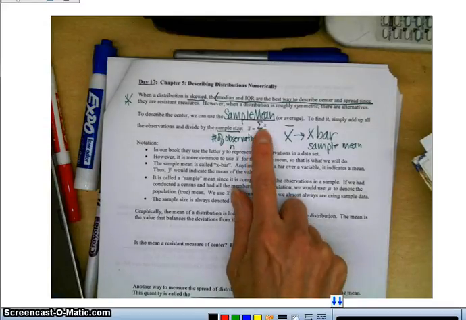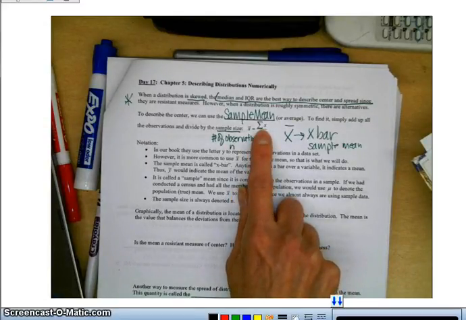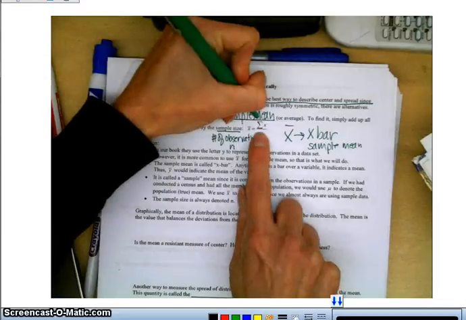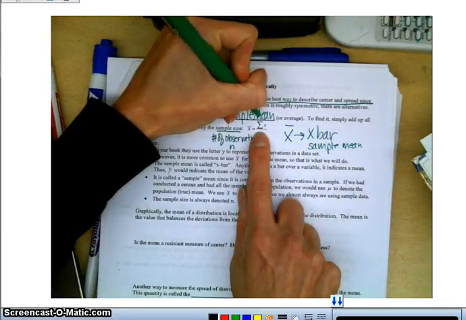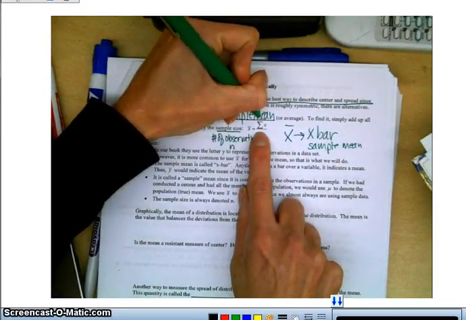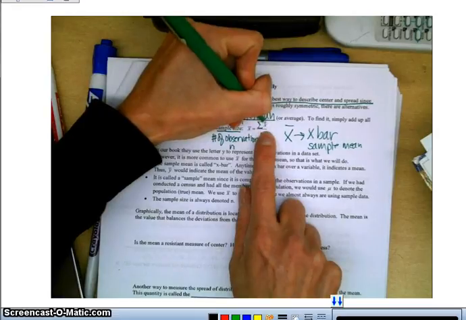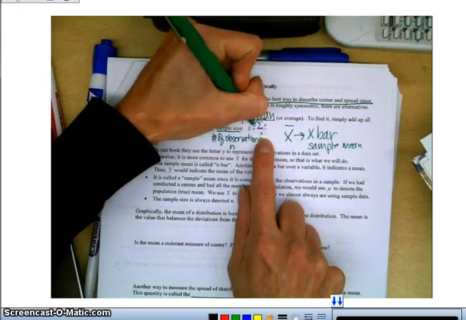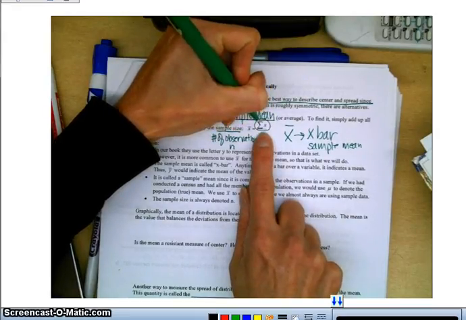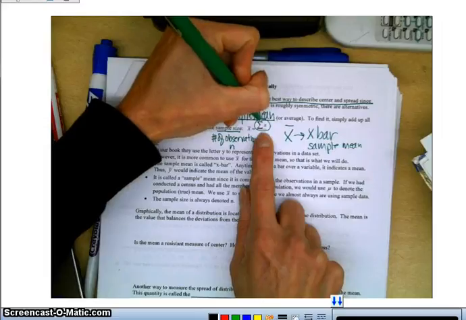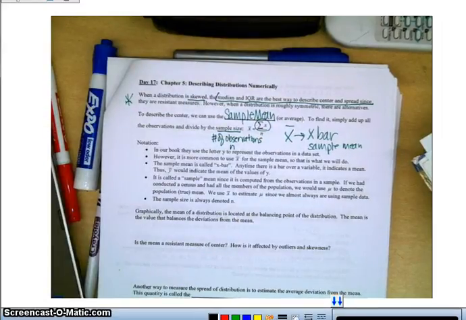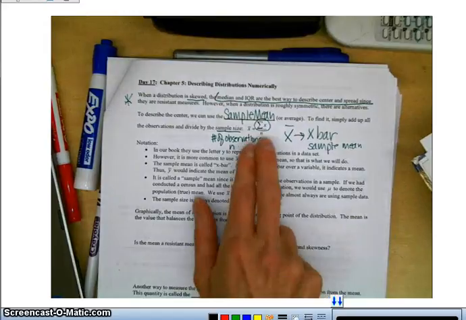Now this looks confusing. All this means, this is the capital Greek letter sigma, which means add up all of the observations. That's all this means. This is telling you in very short terms, add up all of the observations. Is it important that you know this formula?